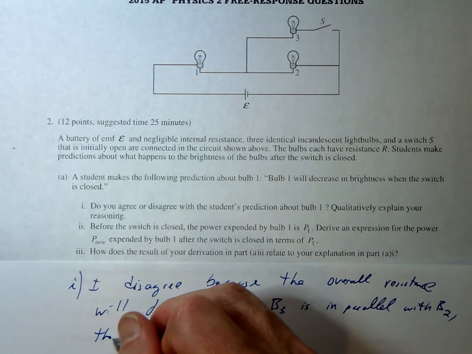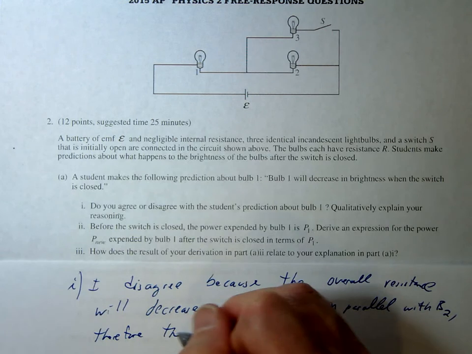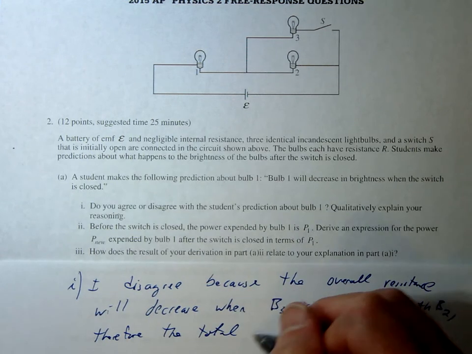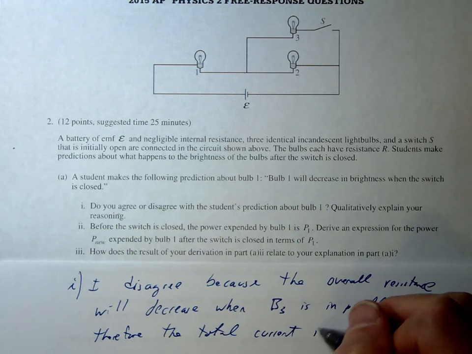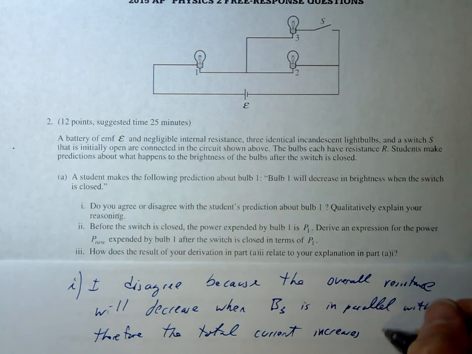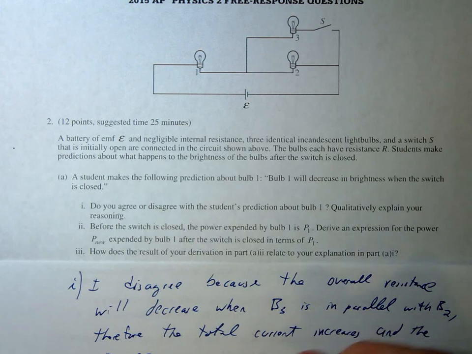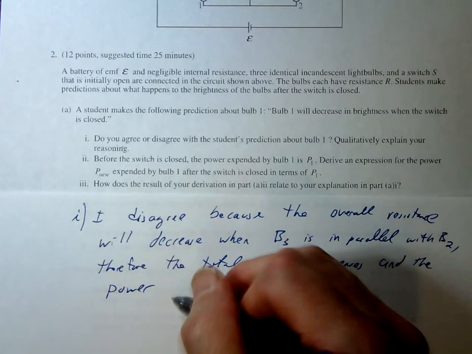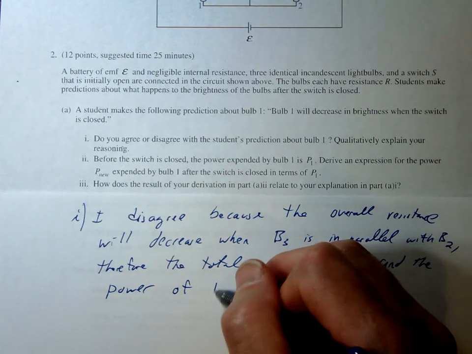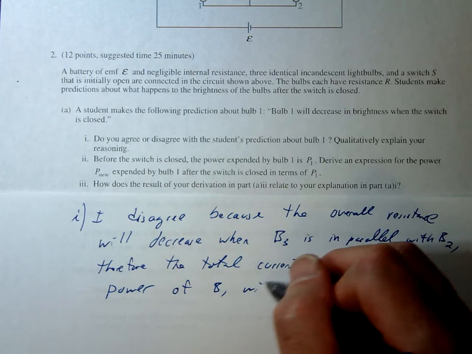Therefore, the total current increases and the power of bulb 1 will increase.